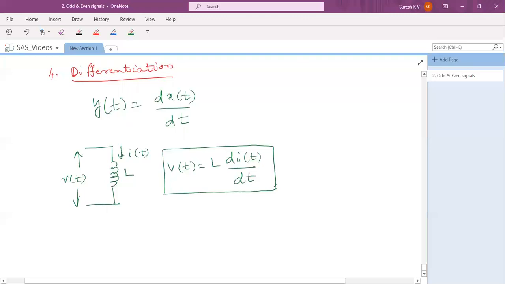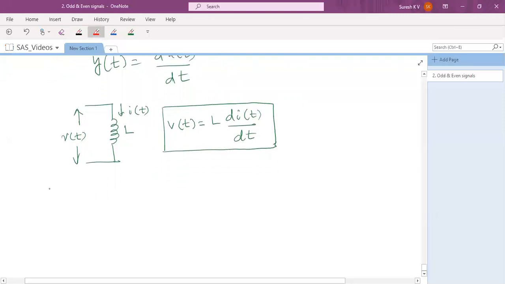This is how the differentiation operation can be performed. We will also consider the next operation, being the integration.